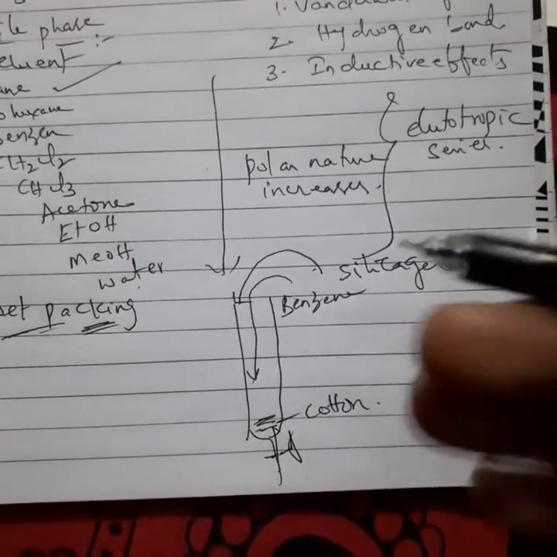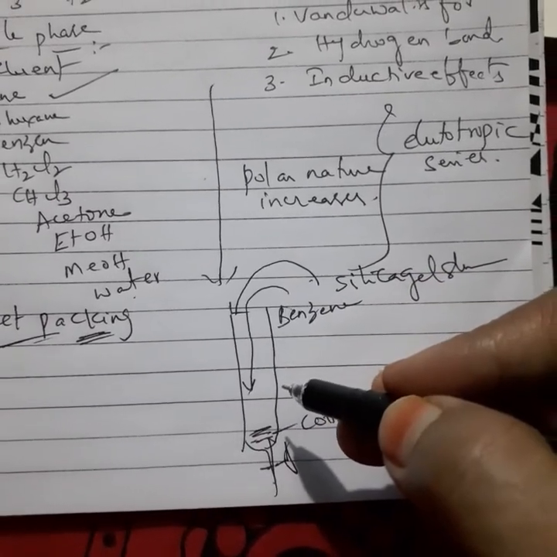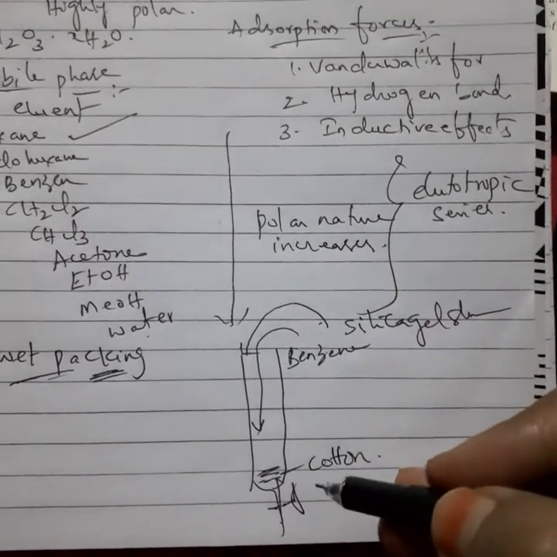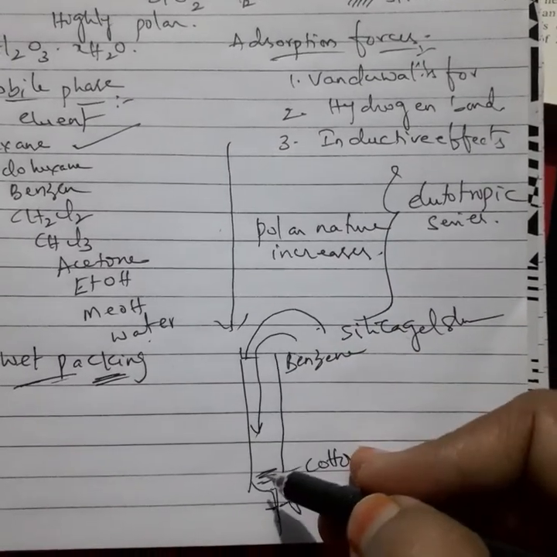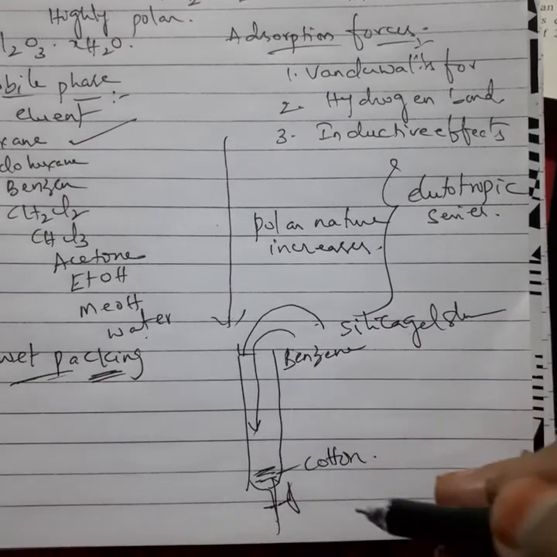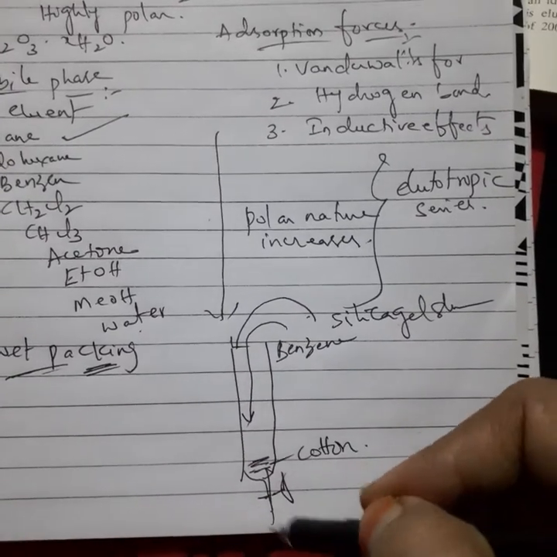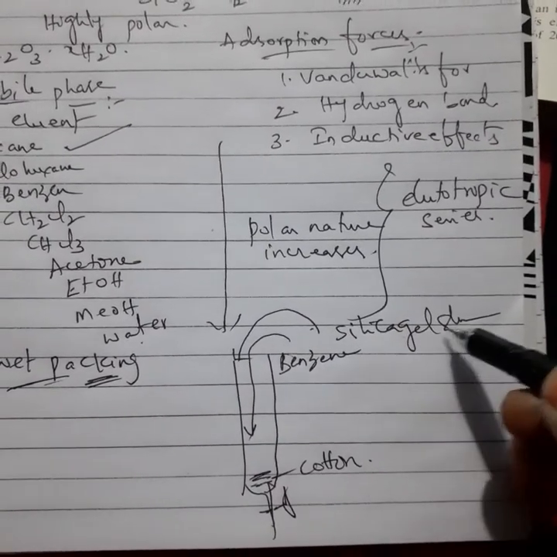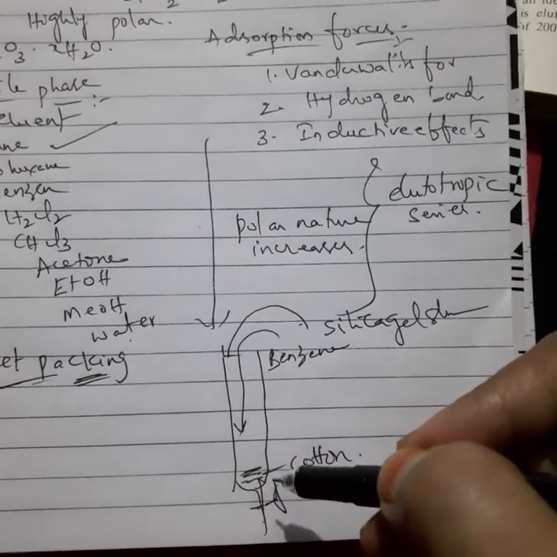If any lumps or bubbles are there, in such conditions the adsorption is not even, right? It becomes uneven. So that's why we pour benzene first, and when we start pouring the silica gel into the column, you need to open the tap so that we collect the benzene again. In such conditions the silica gel slurry can be placed in the column evenly.